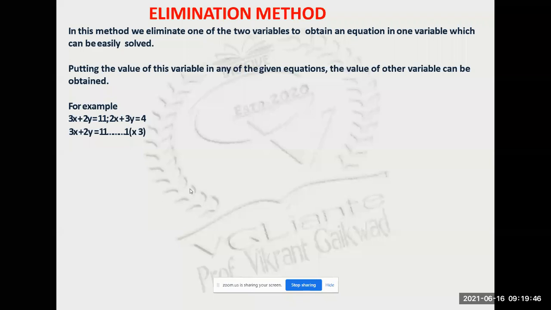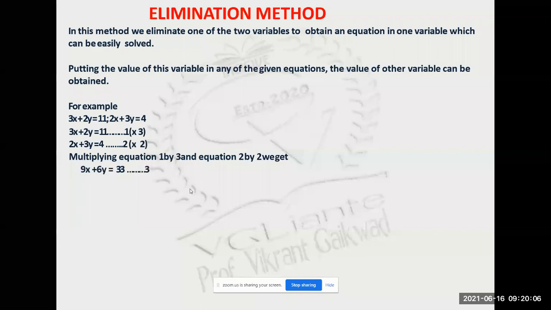Now here, check, we will make the coefficients of y the same. So we multiply equation 1 with 3 and equation 2 with 2. Is this clear? We make the coefficient of any one of the variables the same.